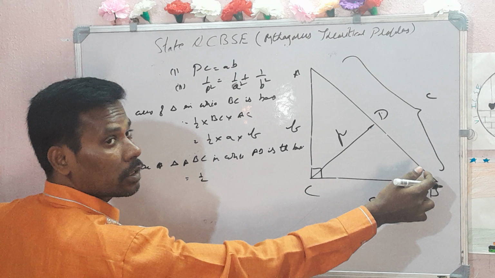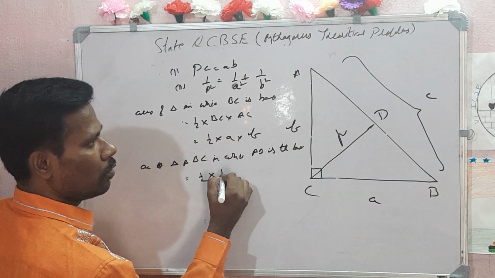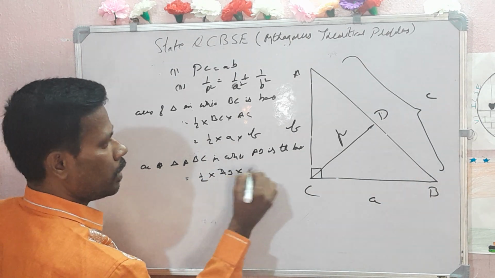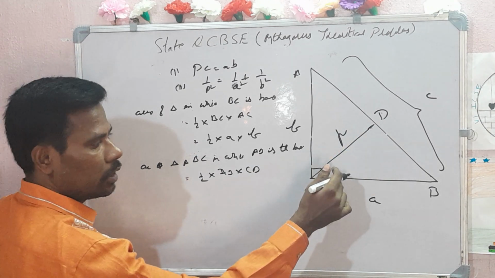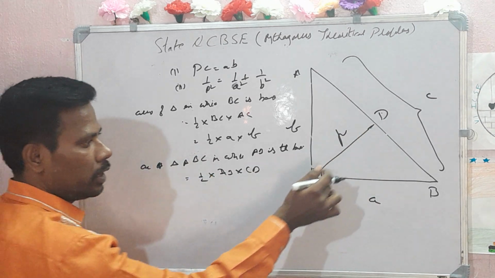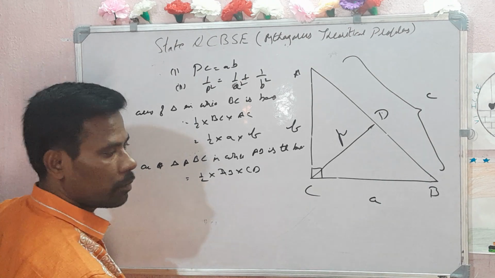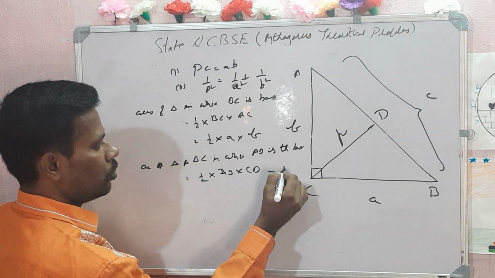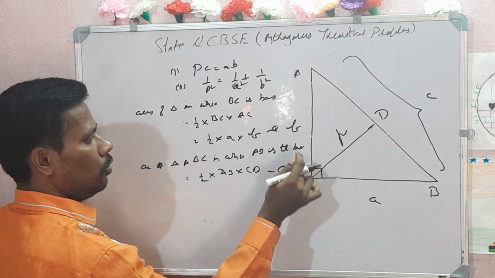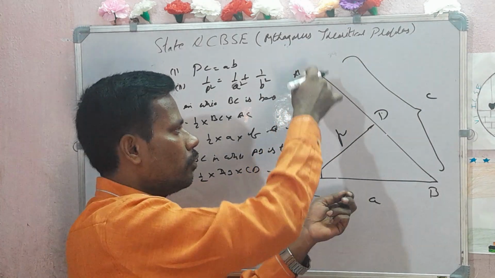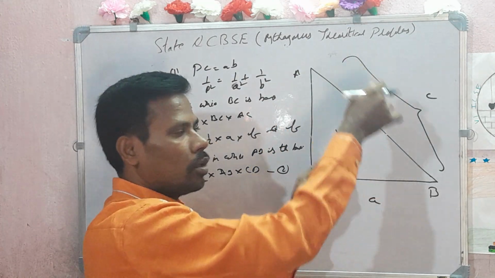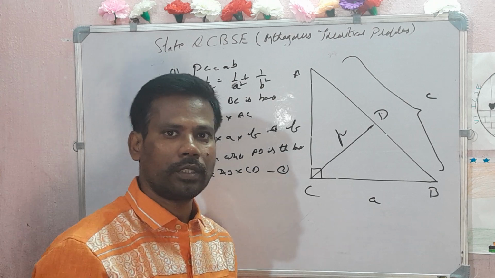Half into base AB into height CD. Now they only gave that CD is drawn perpendicular to AB. So mark this as 2. Whether you rotate the figure, whether it is standing straight like this, or if you rotate like this, area will remain the same.